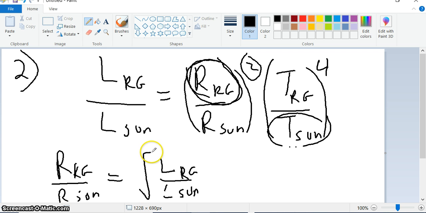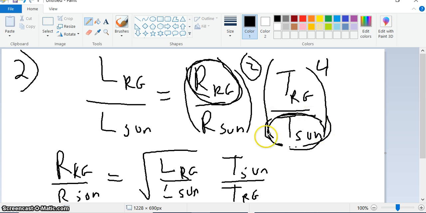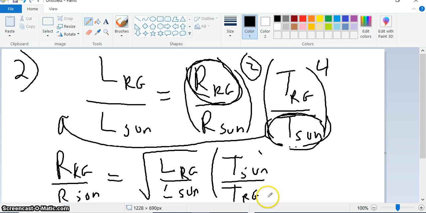So this is going to be the square root of that, and then the square root of T, the temperature of the sun, divided by the temperature of the red giant. Remember that it changes places because this is in the denominator and has to go over to the other side of the equation. When we take the square root of something to the 4th power, it's just squared.